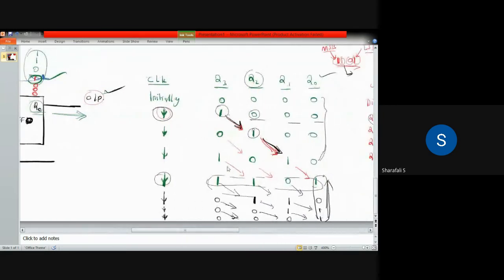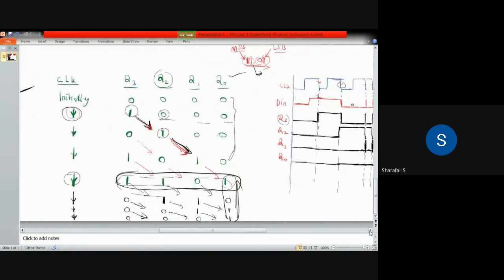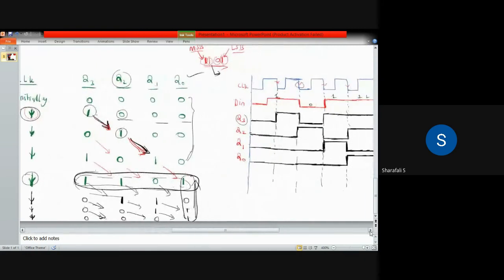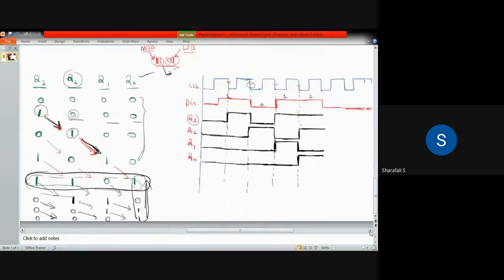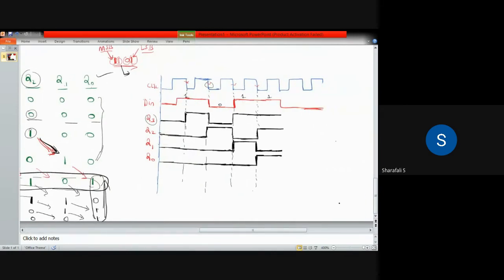You can see from here the data which is stored in these flip-flops, 1101, which is already entered into them. How can we see that in this diagram? We can observe it from this diagram.